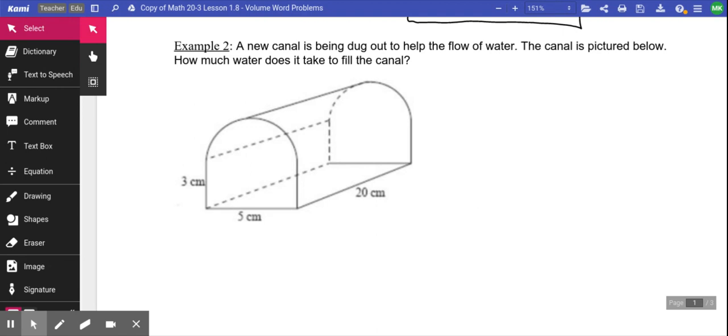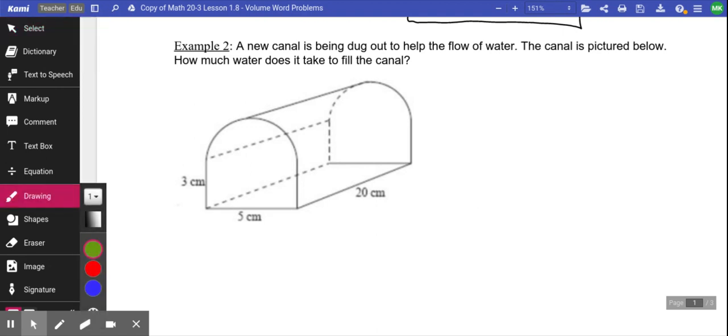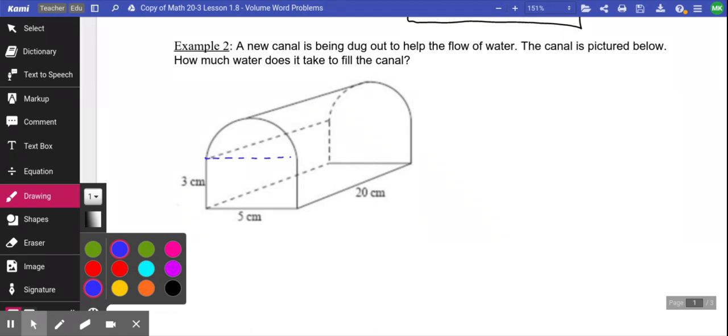For me, I can kind of tell that if I put a line right here, what I'm doing is I'm creating a rectangle and then half of a circle.